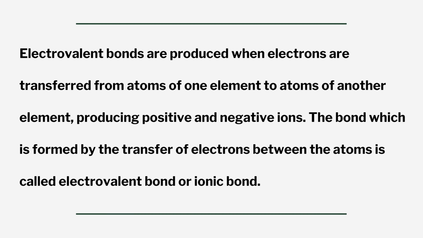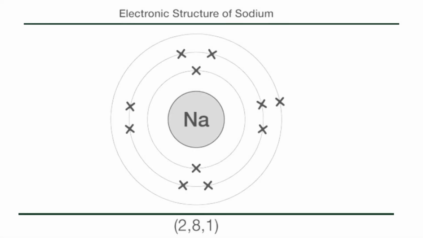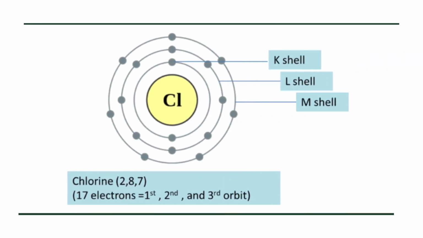Let's look at the diagram under this note. We will see sodium, whose electronic configuration is 2,8,1. The outermost shell is 1, and I said we'll be using the outermost part of the shell for chemical bonding. For chlorine, we have 2,8,7. We'll be using the 7 outermost.